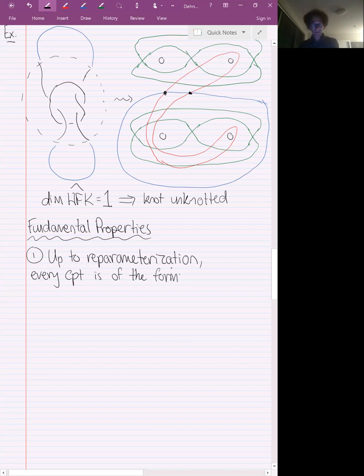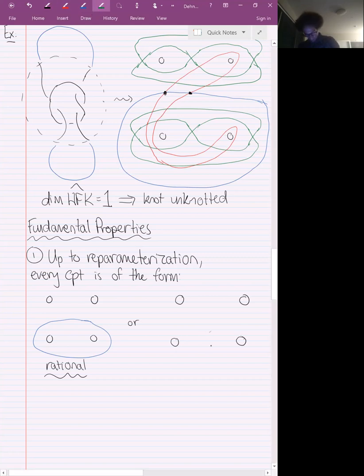Well, in fact, it's basically of the form that we've already seen. So either one of the components looks like that of one of these rational tangles, so we call these curves rational. Or what we see is one of the green curves that we see above.